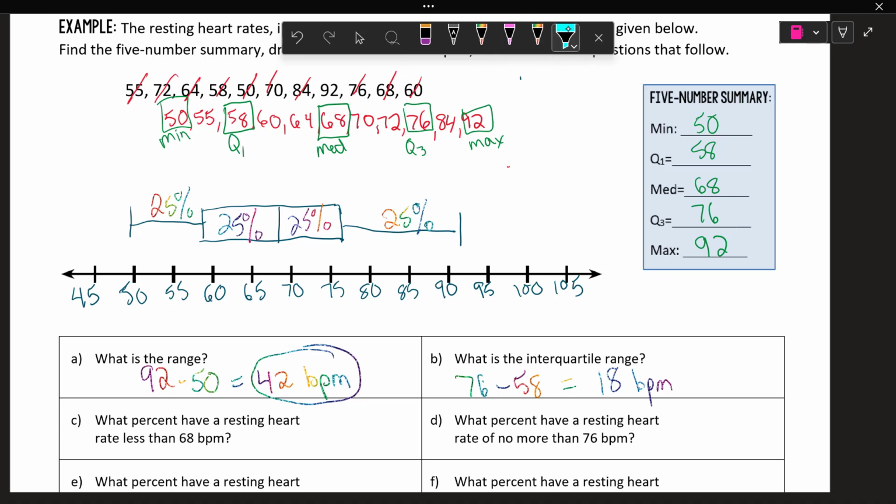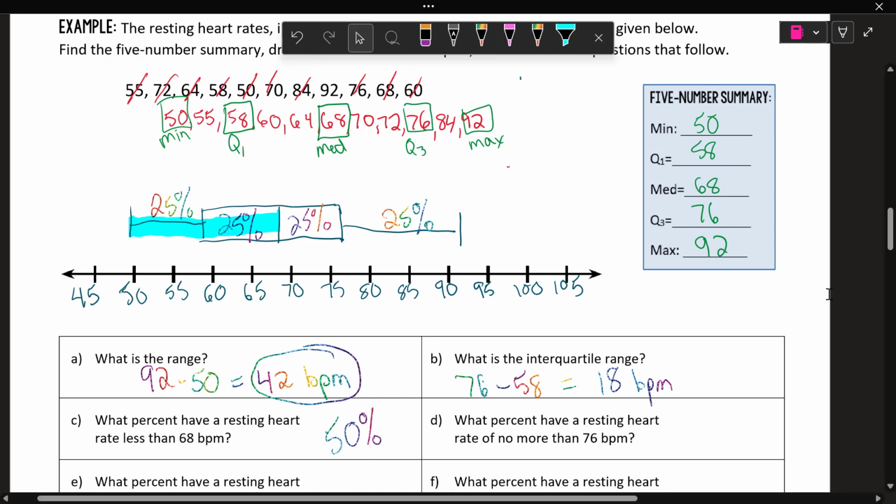So what percent have a resting heart rate less than 68 beats per minute? 68 is our median, so we're going from here to here. That's the lowest it goes. We don't have anything lower than that. So there are two sections there, so it's 50%. So 50% of the people that we took have a heart rate less than 68 beats per minute.